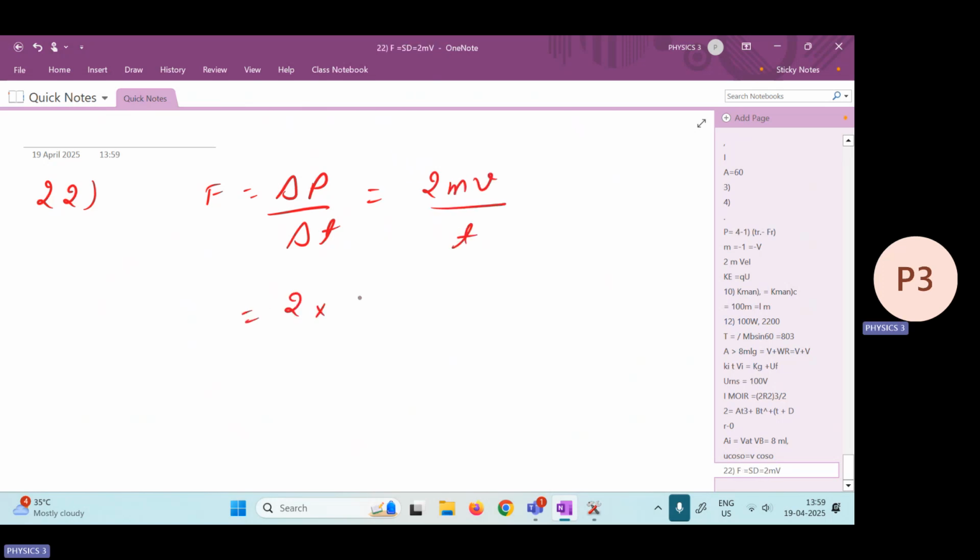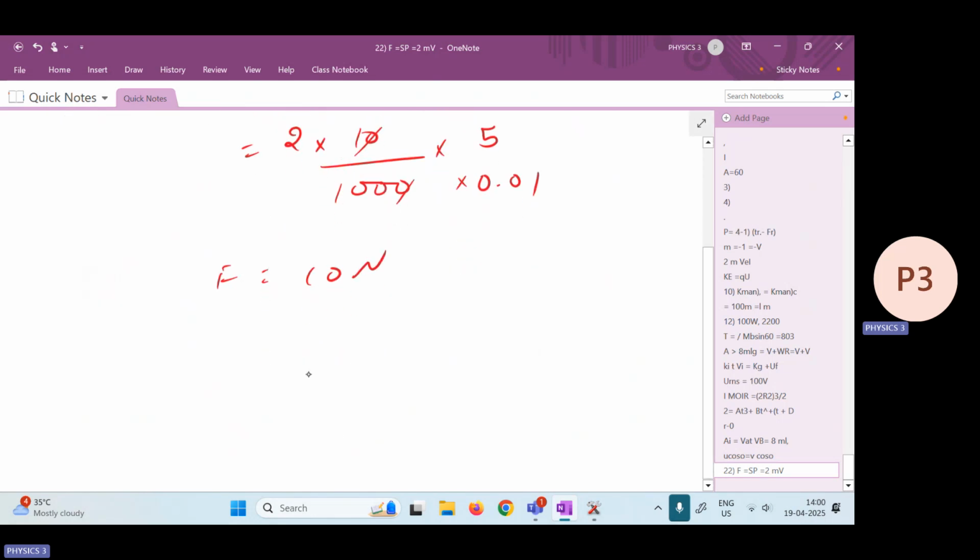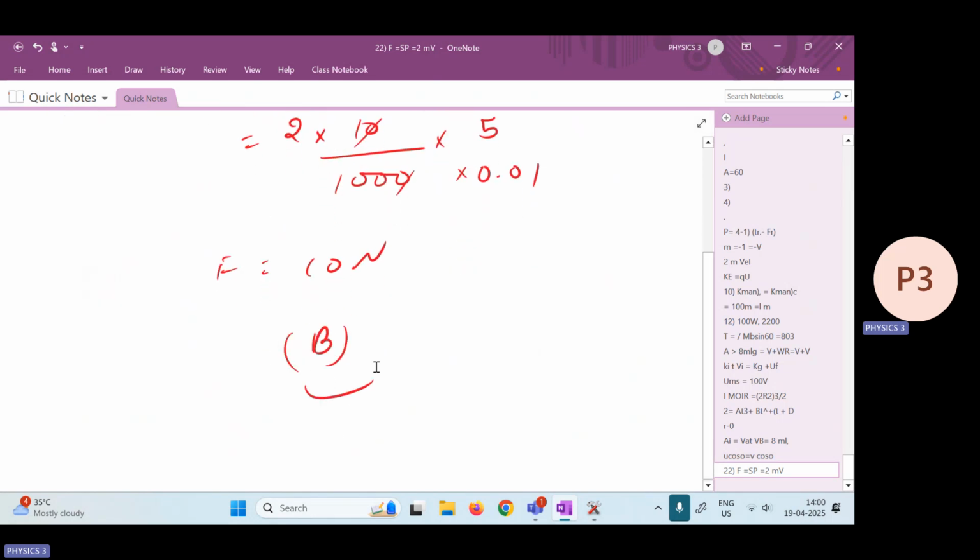The mass we have is 10 grams, so that will be 10 upon 1000 kg. Speed we have is 5 and time is 0.01. So this gets cancelled out and F comes out to be 10 Newton, right? So B option is absolutely true in this situation.